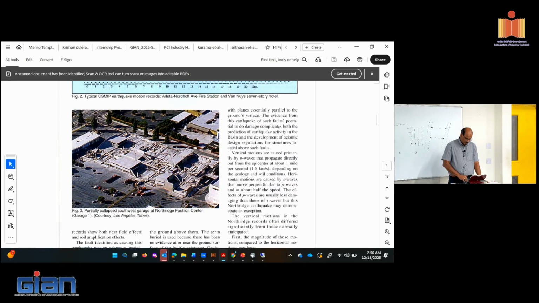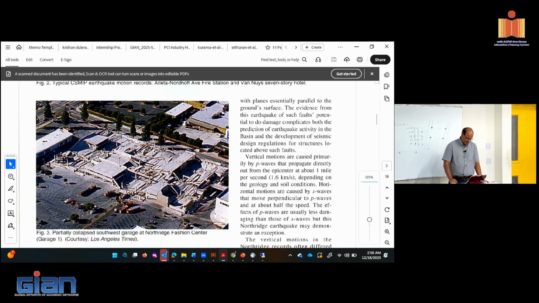So that's what the Fashion Center parking structure looked like after the earthquake. There are a few things I want you to observe. The damage or collapse was pretty significant, and you can see these columns are standing.